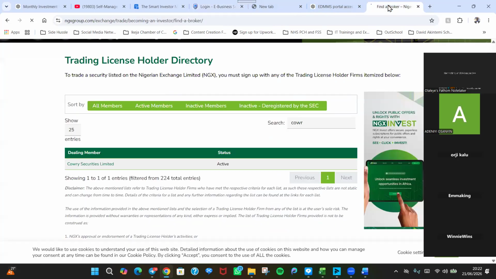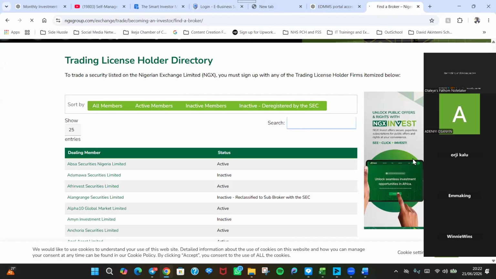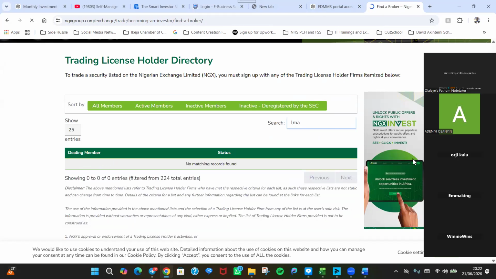Sir, can you check Lambert Capital? Okay, let's have a look. You see, before I even finished typing, Lambert Capital came up. So I think this is the affiliate of Bamboo. Is this the one that Bamboo is affiliated to? Yeah.